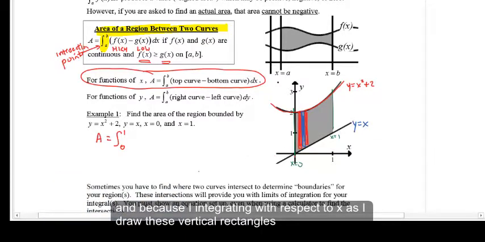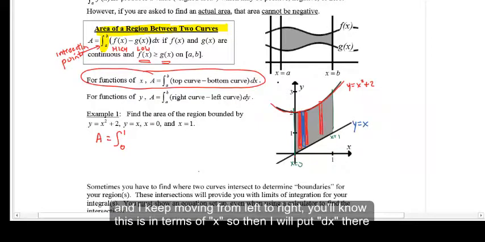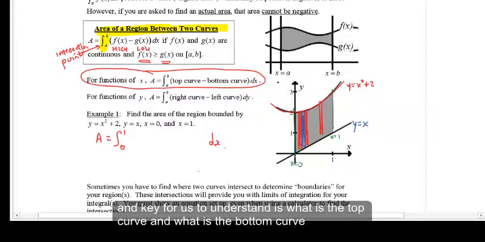And because I am integrating with respect to x as I draw these vertical rectangles, and I keep moving from left to right, you'll know that this is in terms of x, so I'm going to put dx there.